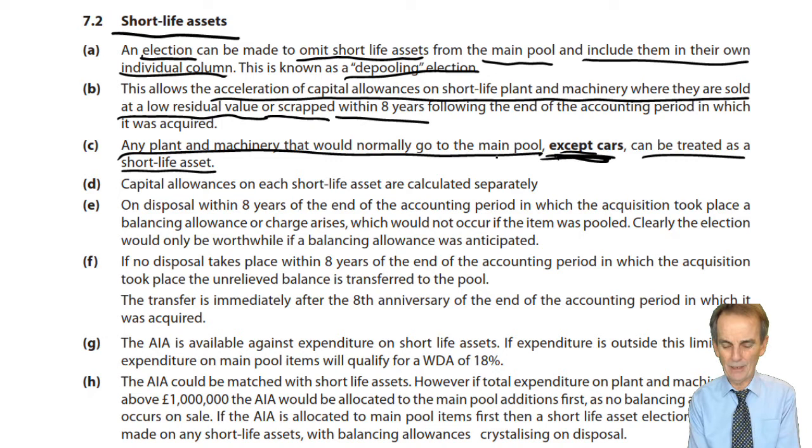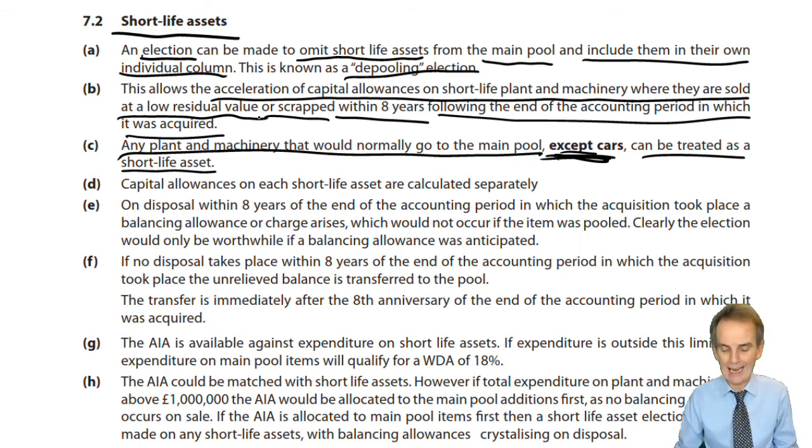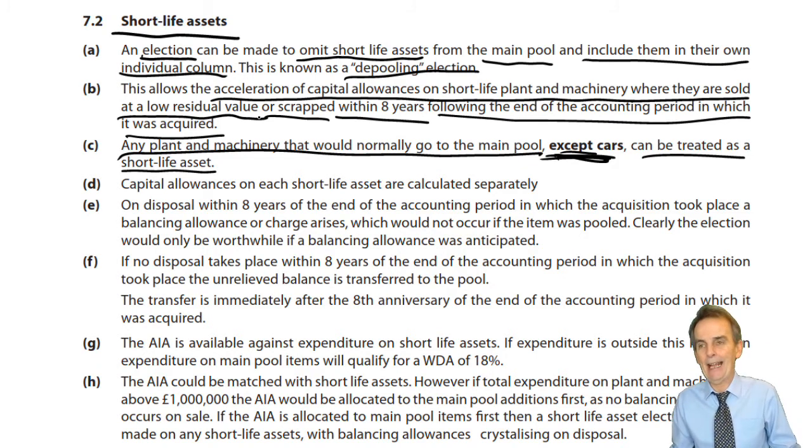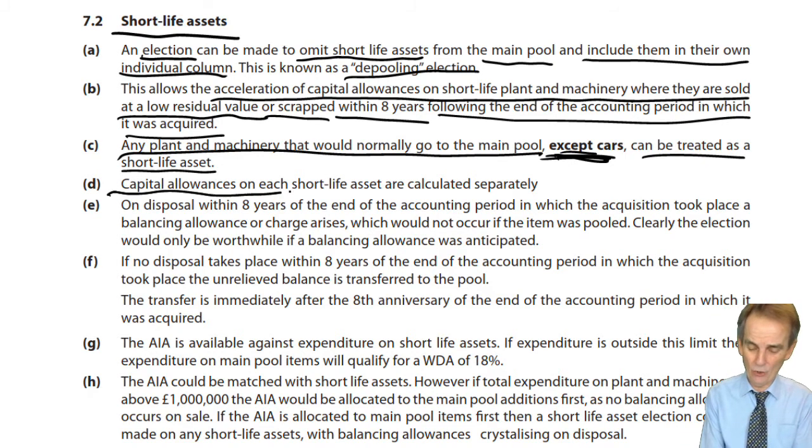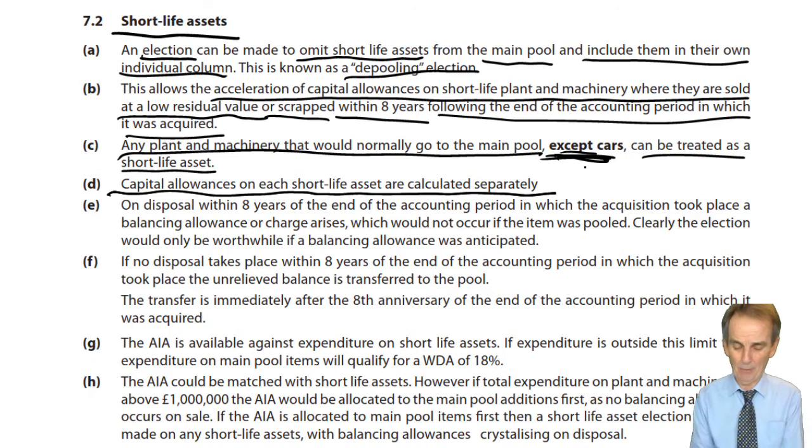If it was scrapped within 8 years following the end of the accounting period in which it was acquired. Indeed, as we'll see, what we'll get is an asset that is sold within that 8-year period. That is the term we mean by short life. It's not that short, is it? Capital allowances on each short life asset are calculated separately.